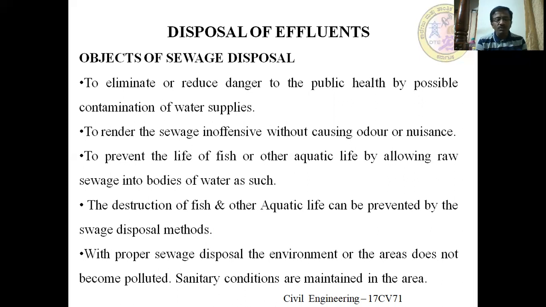So our main aim is to protect aquatic life by improving the dissolved oxygen concentration in the wastewater stream, water body stream, or mixed wastewater stream. We just want to increase the DO concentration, which helps aquatic life survive. The destruction of fish and other aquatic life can be prevented by a sewage disposal method.